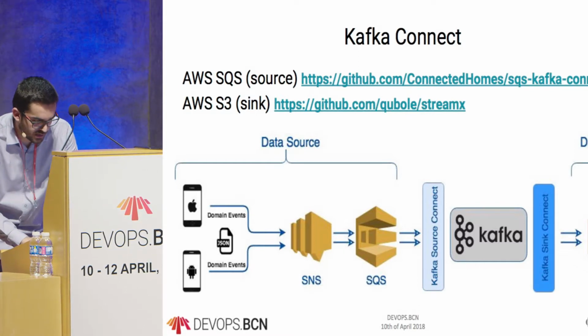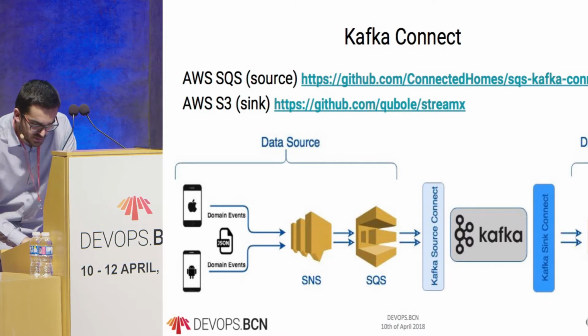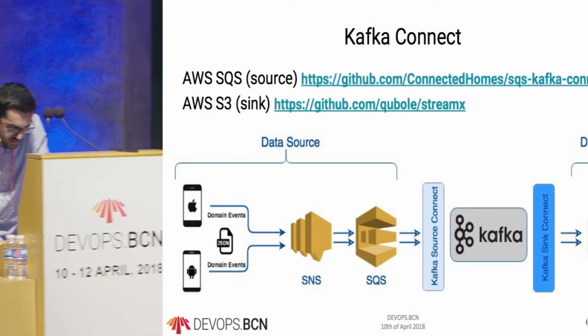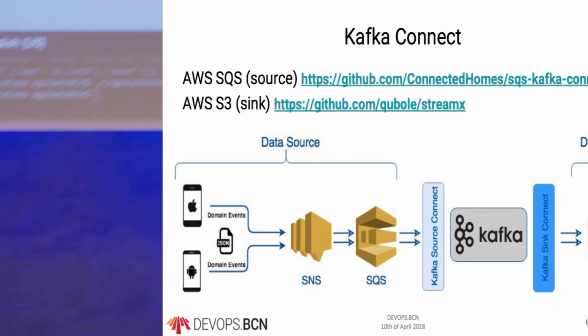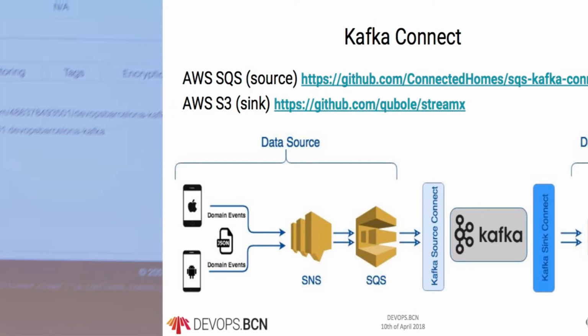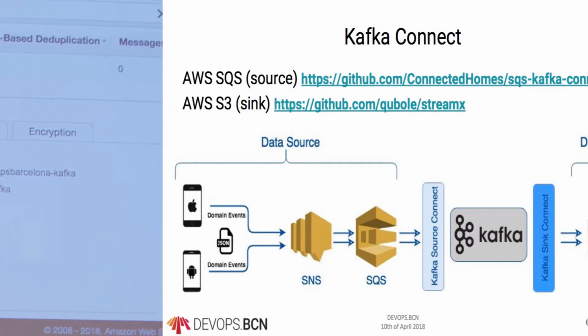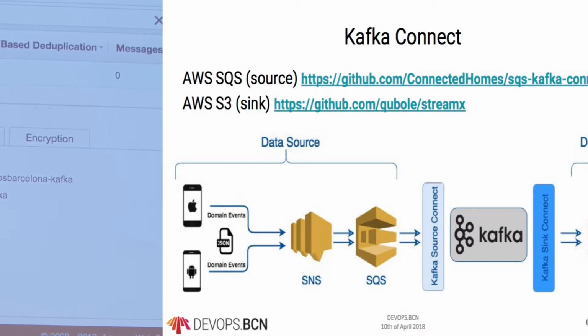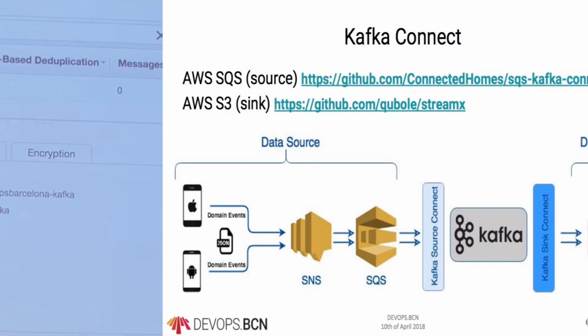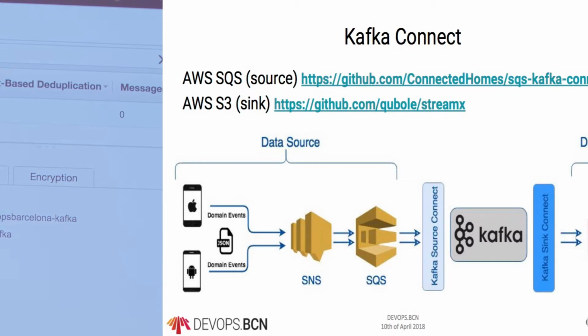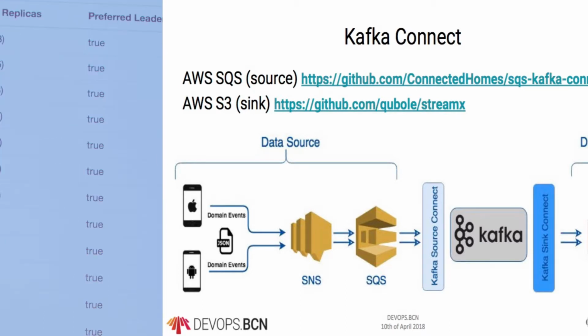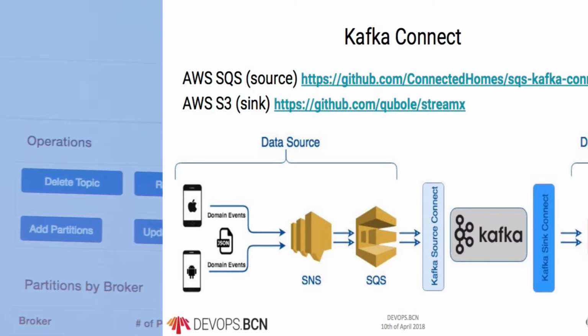So let's see if this is really happening. Yes. As you see, we have messages in flight, which means that the Kafka SQS connector is reading data from this SQS queue and writing into our Kafka brokers.